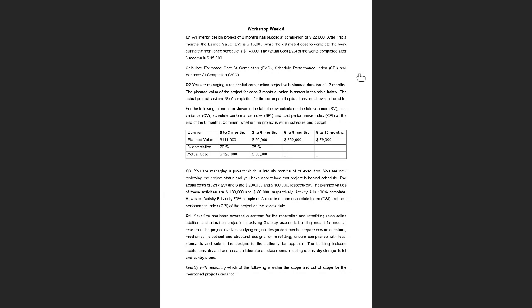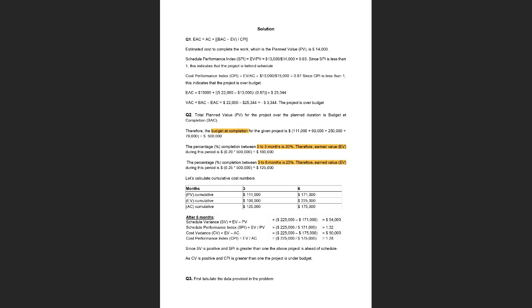All right, here is the solution, and you will see that the EAC over here is 25,344, while you got a slightly different value, and this is completely fine. What happened is, in order to find estimated cost at completion, you need the actual cost, which is given to us in a round figure, and you need to know your budget at completion, which is also given to us, and earned value, which is also given to us.